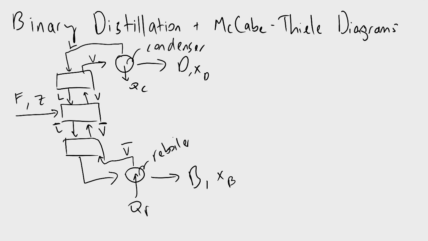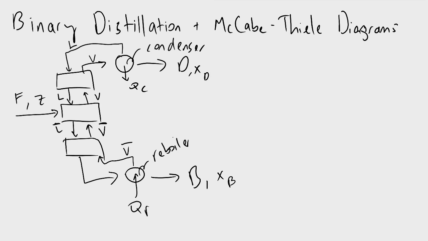And at this point, I would like to note how our distillation column that we have just drawn is powered entirely by the heat that we are adding in to our reboiler, as well as extracting in our condenser.